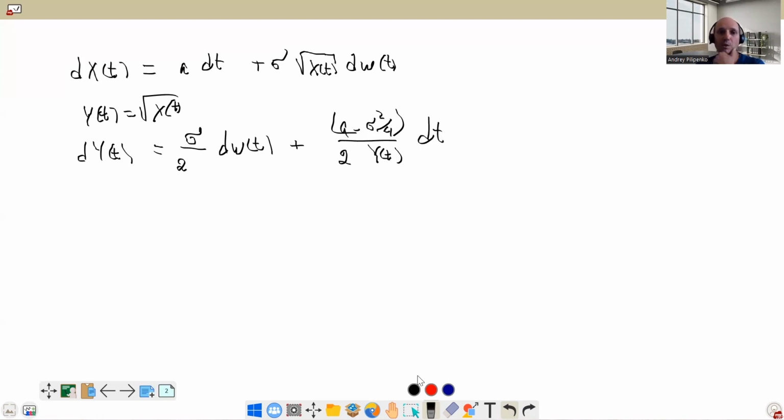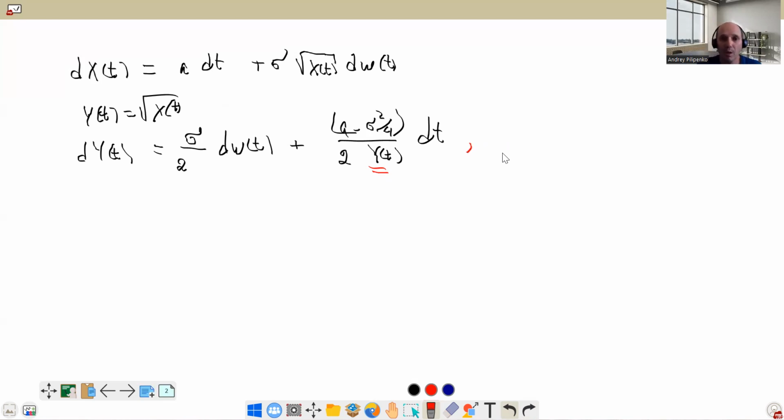And you see this function has really a problem at 0. It is discontinuous. It converges to infinity as y approaches 0. So there may be a problem.